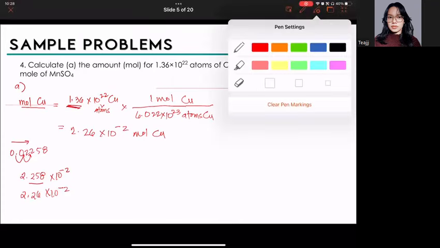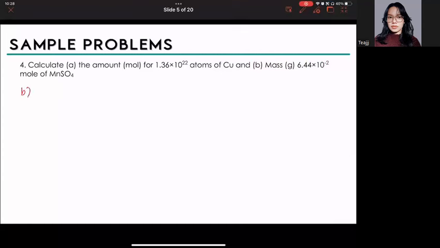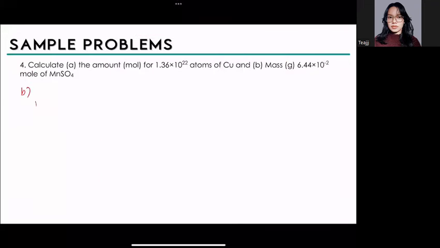I'll erase this. Now, letter B. So in letter B, where are we? What we're looking for is mass, or that's grams of manganese sulfate.